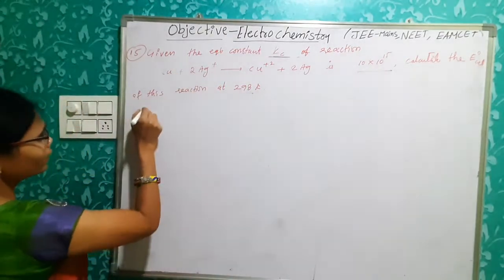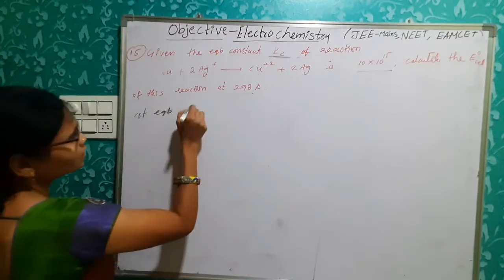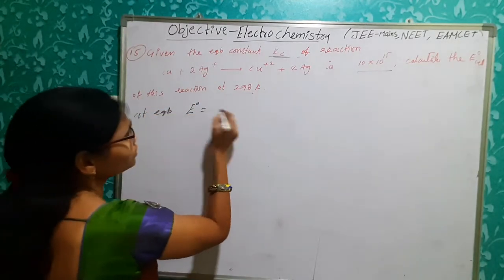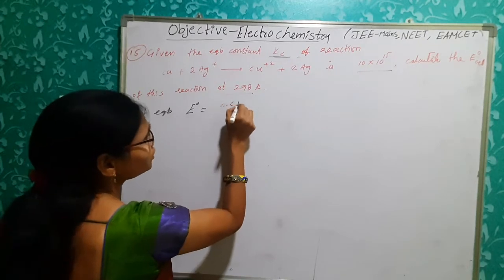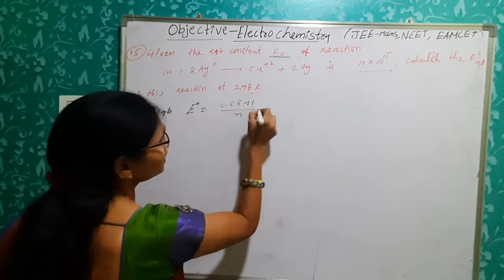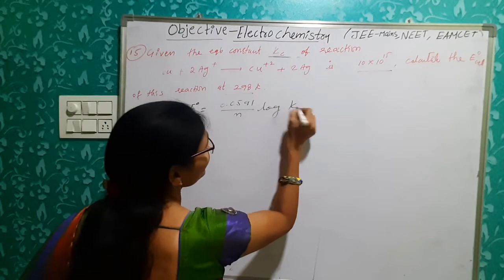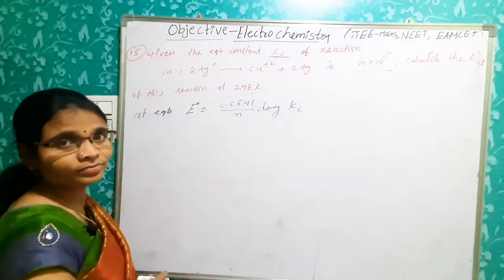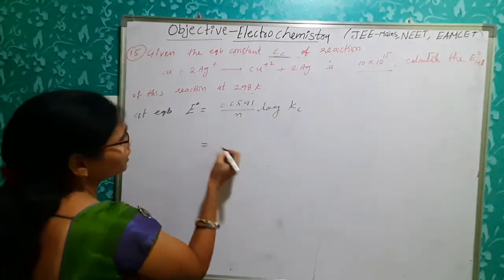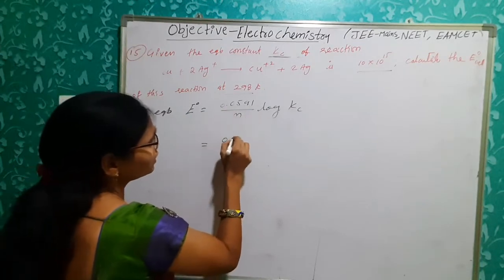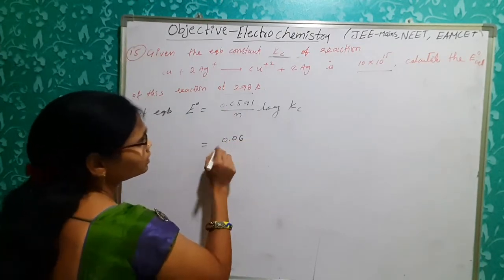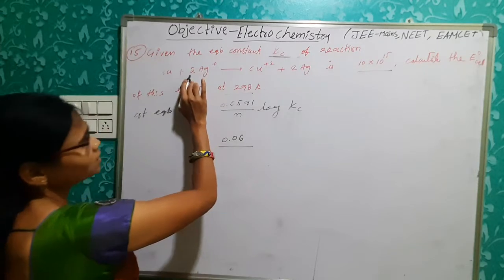Simply at equilibrium, E naught is equal to 0.0591 by n log Kc only. Simply, 0.0591 you can take approximately as 0.06. n means how many electrons transfer?